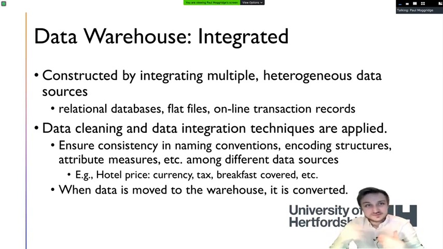For instance, name sometimes will appear in a database as first name, second name, and other times it may be one column. There may be differences in encoding and measurements, and once the data is transformed in a staging area and placed into the data warehouse, the aim is that it's all in a consistent format.